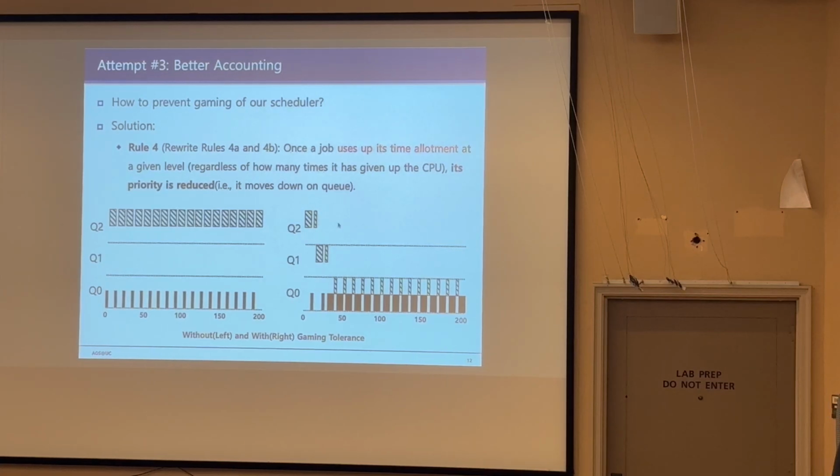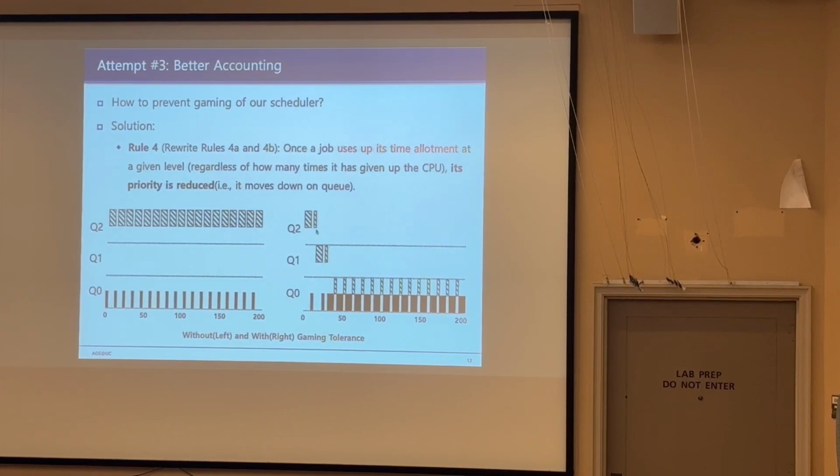Now, using the new rule 4, the OS remembers the accumulated CPU time used by each process. So this process might try to give up the CPU, but it uses 190 milliseconds out of the 200 milliseconds, and because the OS remembers, it has 10 milliseconds remaining for its time in Q2.